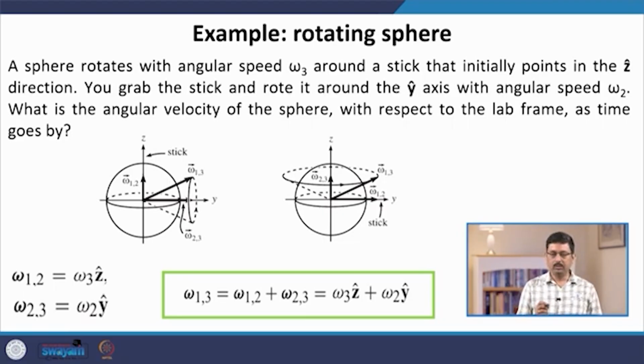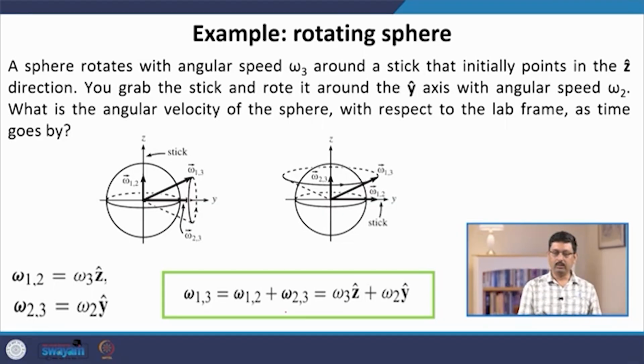If you want to know the angular velocity of the sphere in the lab frame, it is now doing a complicated motion. It has two rotations: one is the rotation around the stick, plus the rotation of the stick around the y axis.